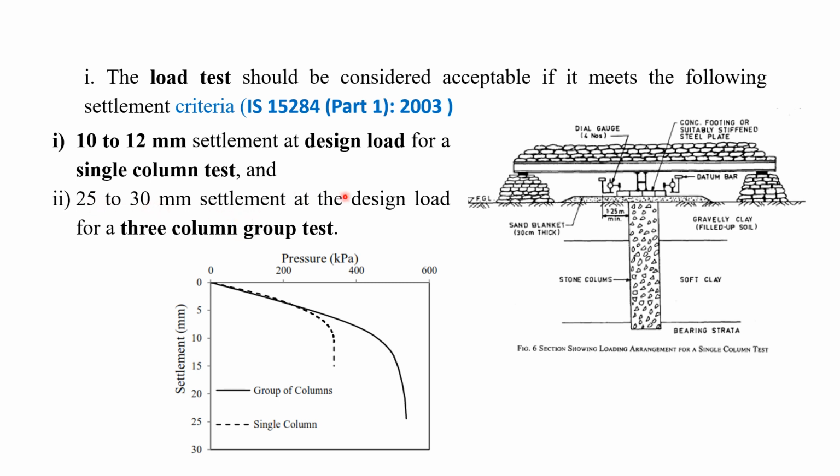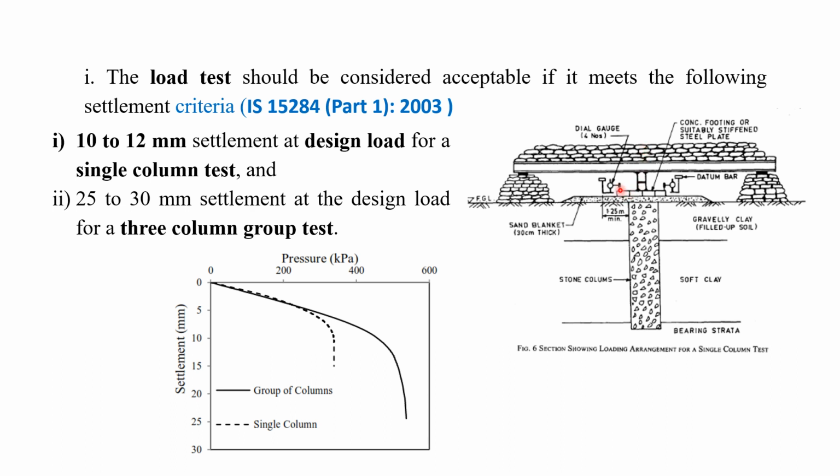So once we collect the data between the load and the settlement, we can plot the graphs to find out the ultimate bearing capacity and the settlement. One thing I would like to say here is that we have put the load for testing on this girder in the form of a load test.